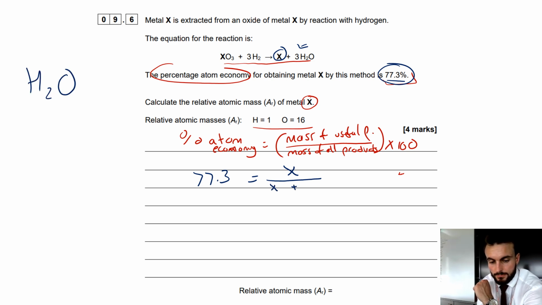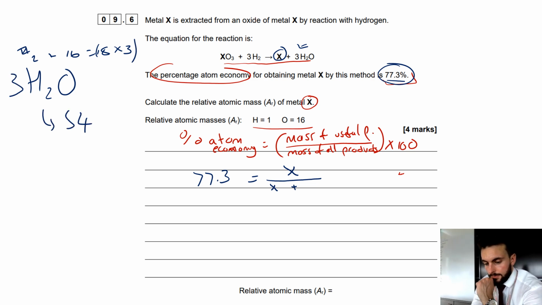Quick working out. Hydrogen's 1 each, which is 2, plus 16 is 18, but there's 3 of them. So the mass of 3 waters is 54. So X plus 54, times 100. Now at this point, it's not even science anymore, it's just algebra, maths. So we do this bit by bit.